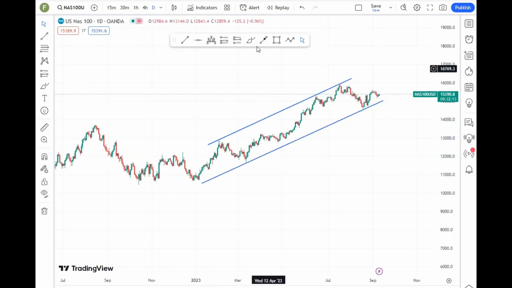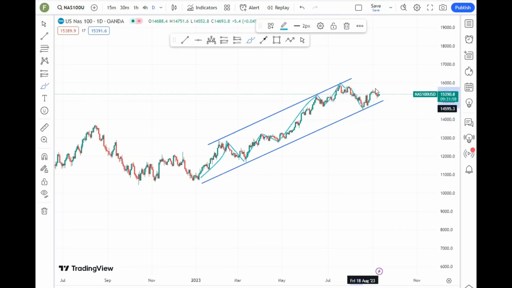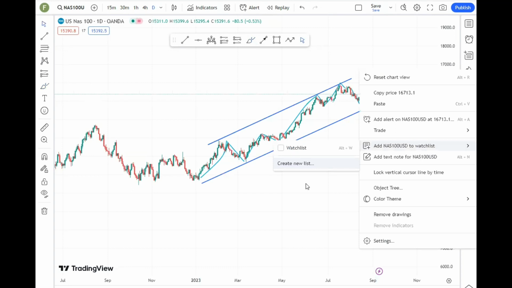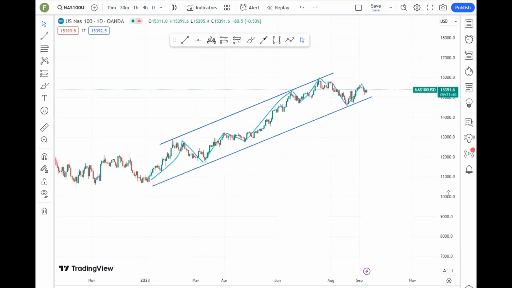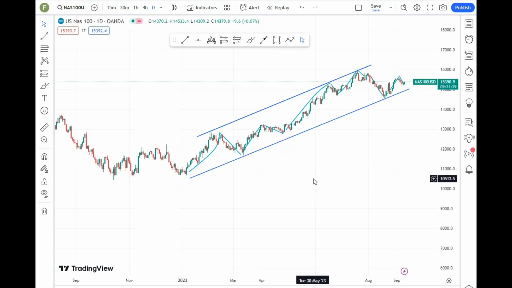And again, as you can see, I can clearly see that the market has been ranging in an uptrending type of structure or formation, which just moves like this. Okay, so seeing that the market has been ranging in an uptrending structure, I can clearly see that the market, or rather NAS100, has been gaining momentum to move to the upside.